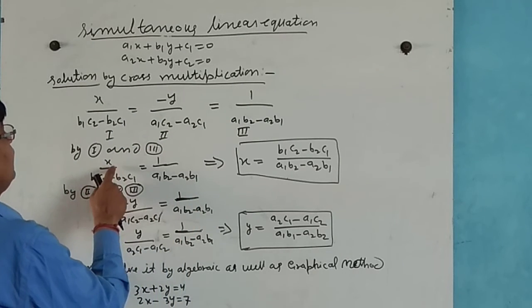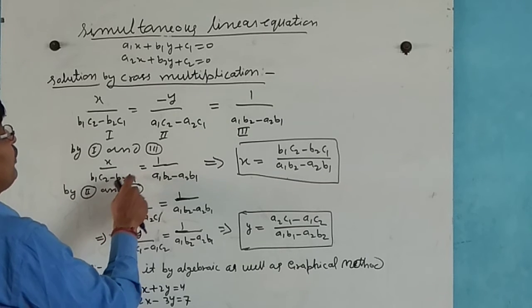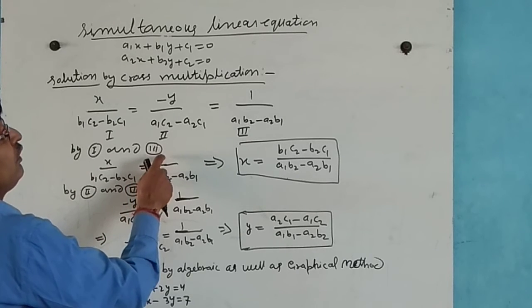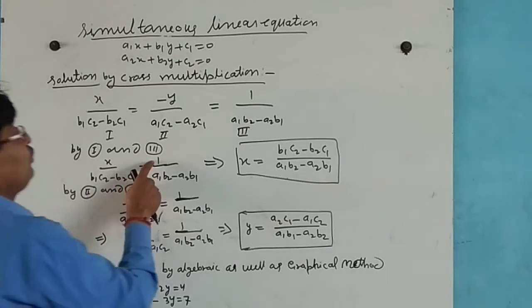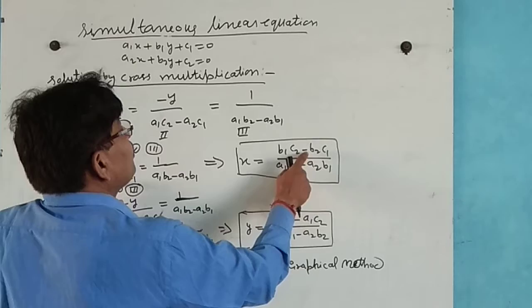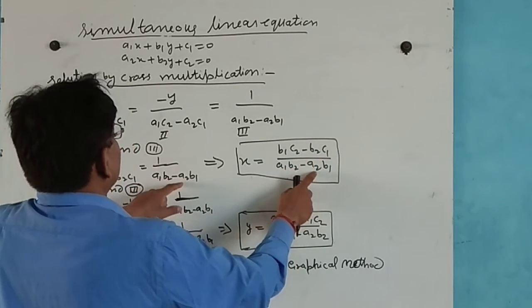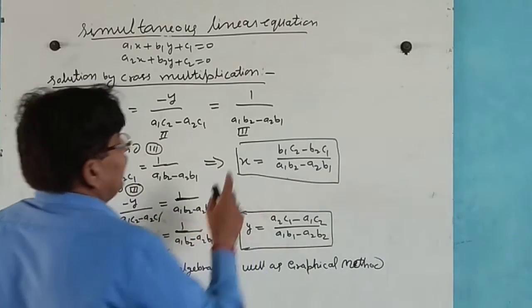In this case, this term takes place here. x equal to b1 c2 minus b2 c1 divided by a1 b2 minus a2 b1. This is the value of x.